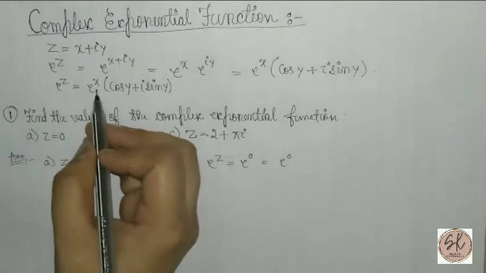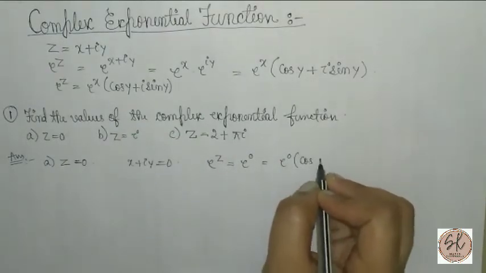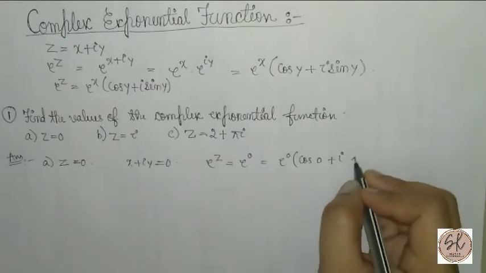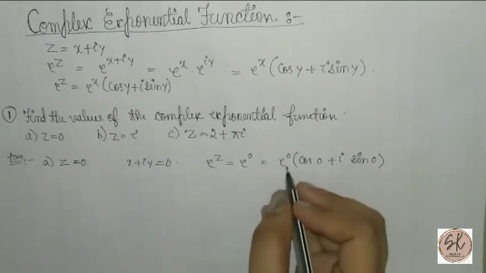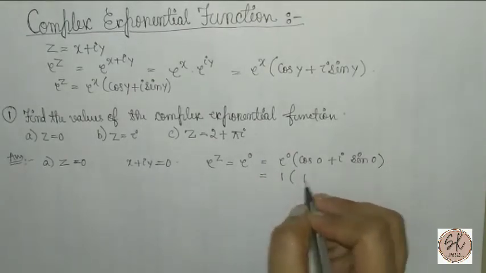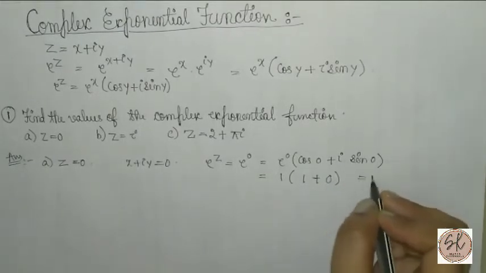In place of x we put 0, and in place of y also we use 0. Now we know that e^0 is equal to 1 and cos 0 is also equal to 1, and i sin 0 is 0, so its value is 1.